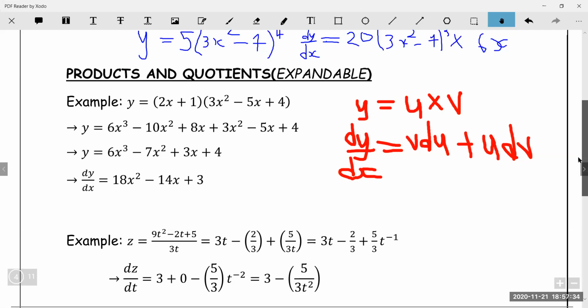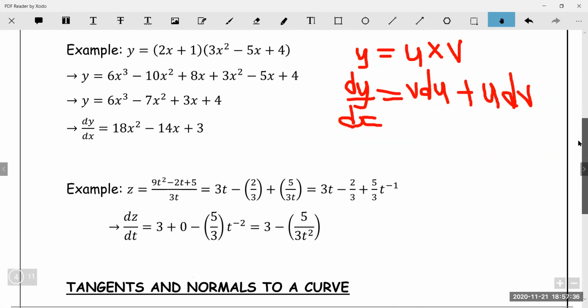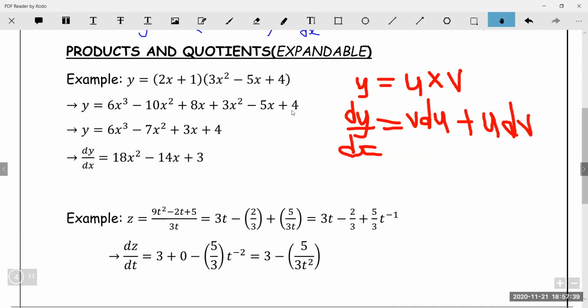Cool. Now look at this. This is finding the gradient. This is finding the derivative of products and quotients that are expandable. Now what I'm going to do is use this formula that y is equal to u times v and that dy by dx is v du plus u dv.